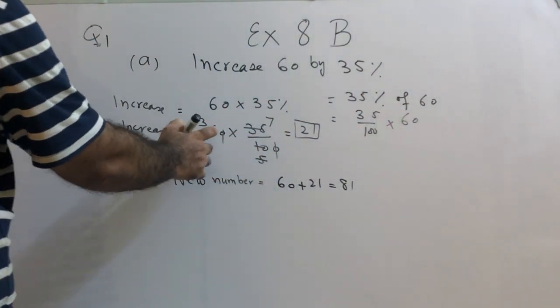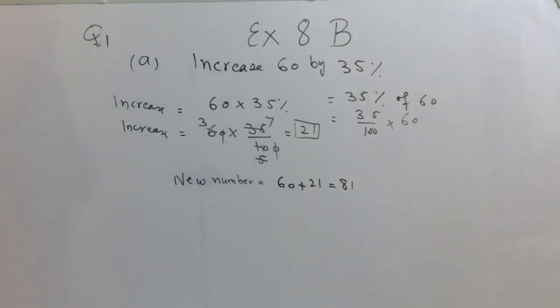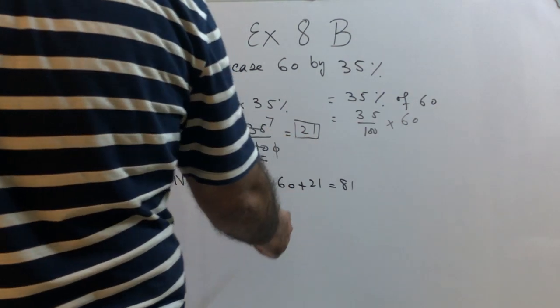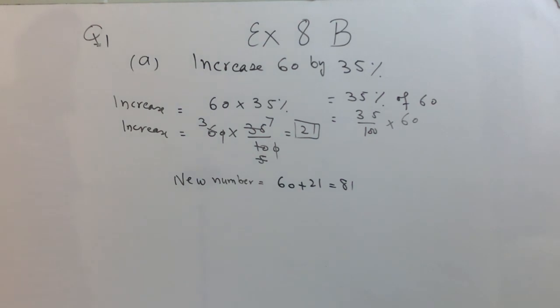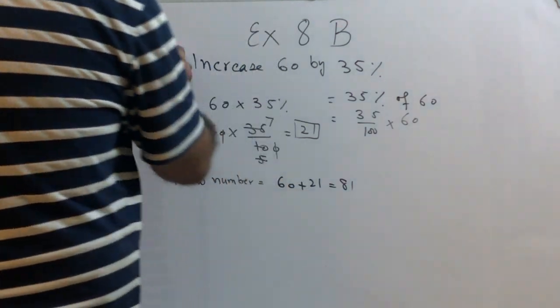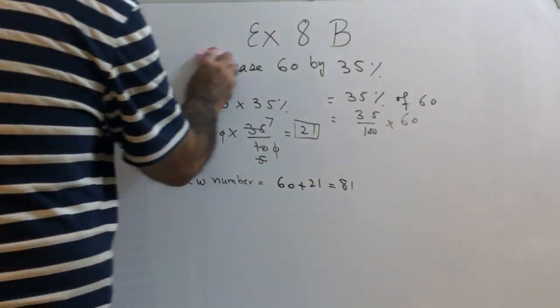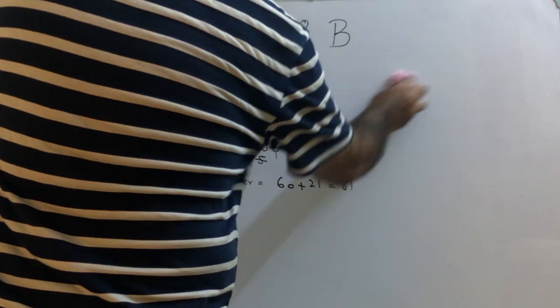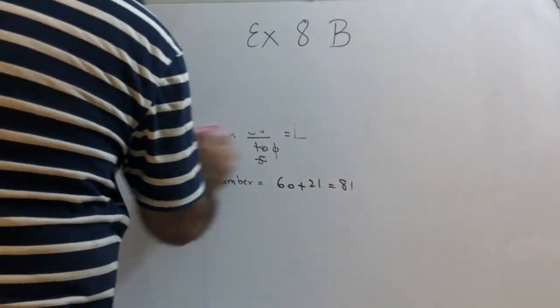So we found that 21 is the number which is 35% of 60. Then we need to increase 60 by this number 21. We added 60 and 21 and we got the answer 81. So this was how to increase a number. Now we'll be doing other parts.